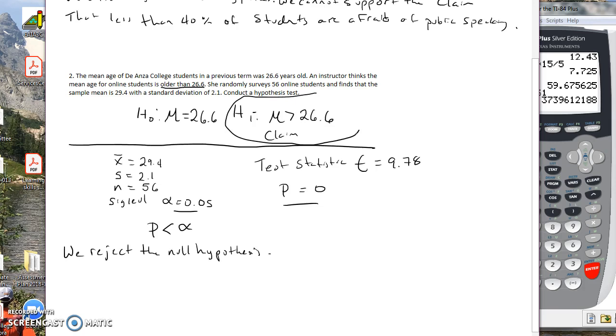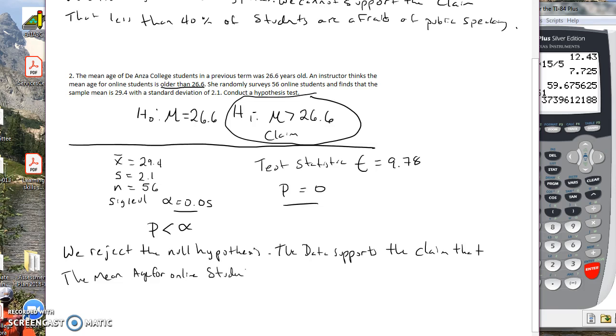Since our claim was H1, we are also going to support, or we will say the data supports the claim that the mean age for online students is more than 26.6.